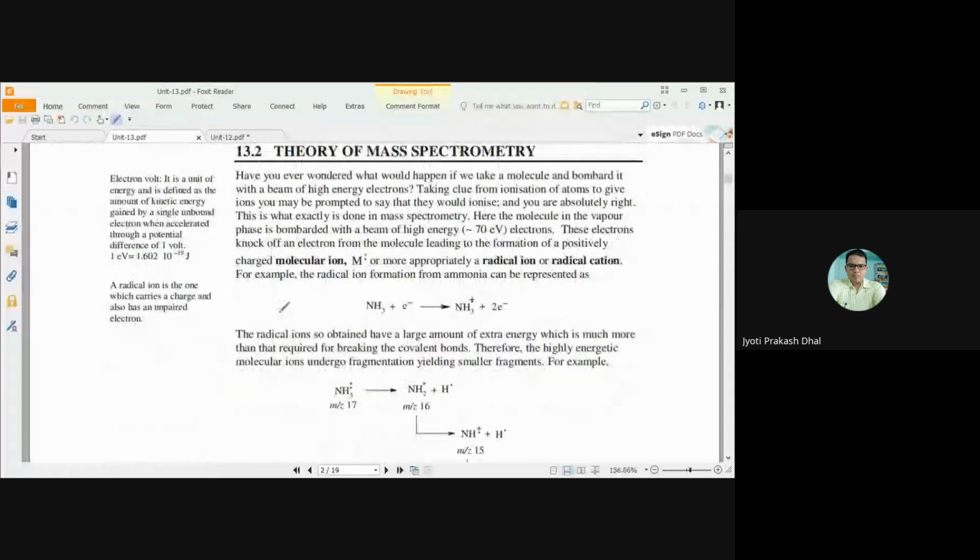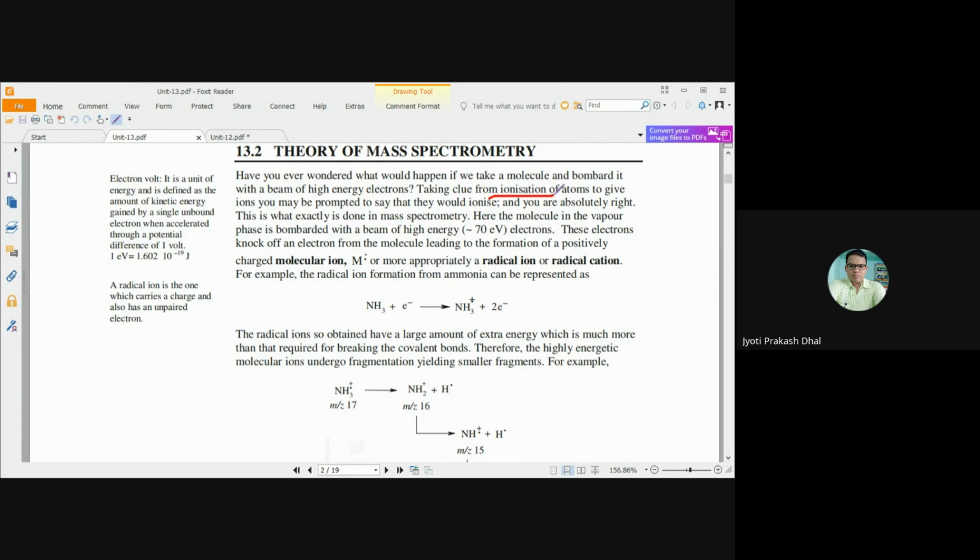Mass spectrometry. Now first we will discuss the theory of mass spectrometry. We know that if we take a molecule and bombard it with a beam of high energy electrons, then the molecule will undergo ionization.